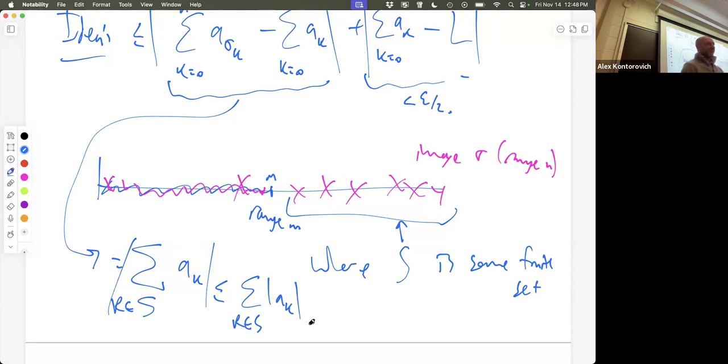So what about the fact that the series is absolutely convergent have we not used yet? A series converges if and only if it's Cauchy. Ah, and what does Cauchy say?